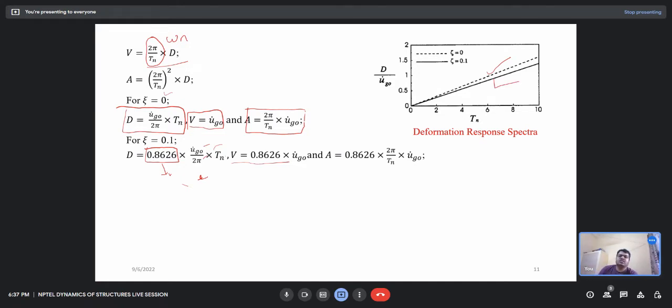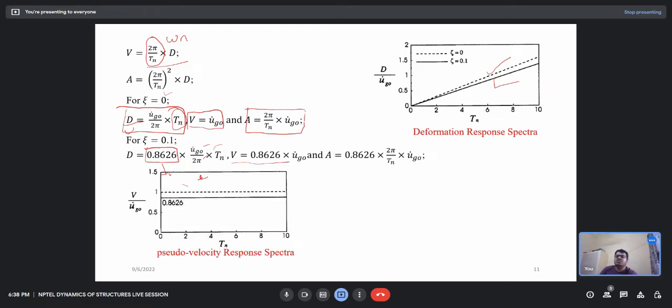Okay, this is a directly sloped line, like D is directly dependent on Tn. The D over u_g0 is taken out in the denominator, so that becomes 1 over 2 pi into Tn. Now the same for the velocity response, this will be a constant, and for the damping equal to 0.1, that is 0.86, that will be multiplied with the 1.